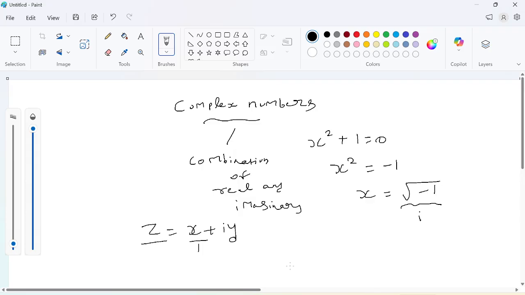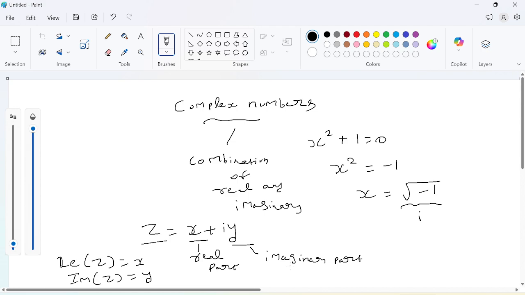Here x is the real part and y is the imaginary part. That means if I say Re of z, I'll get x, and Im of z, I'll get y. Anything associated with i is an imaginary number. And what is the value of i? i is equal to square root of minus 1.